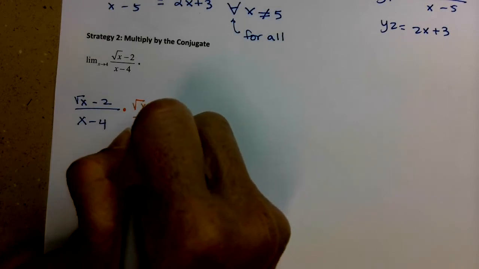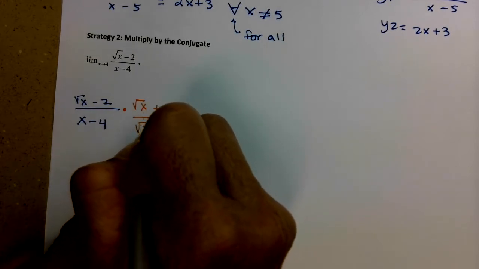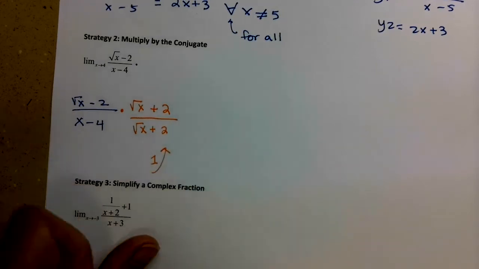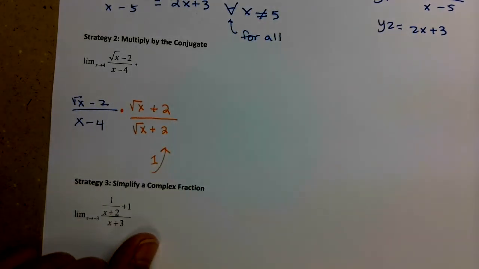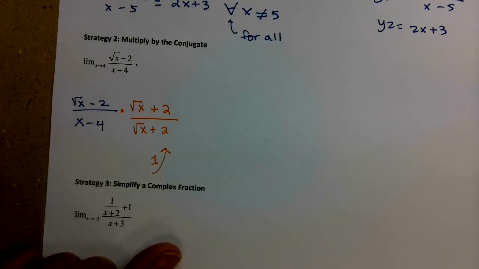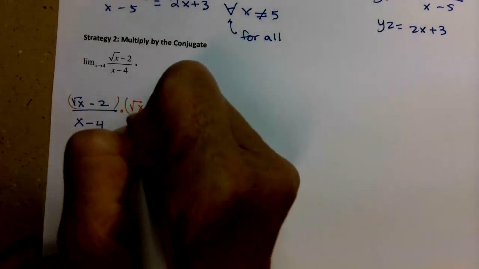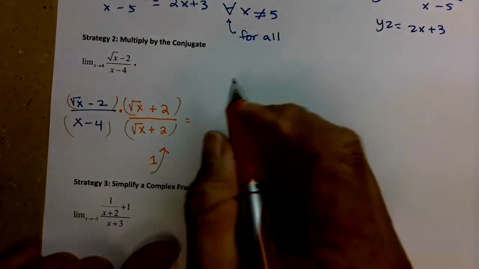Now I'm trying to create an equivalent expression, so that means I can only multiply by 1. So whatever I did to the top, I'm going to do to the bottom. So I multiply the top by square root x plus 2. I'm going to multiply the bottom by square root x plus 2. So here we go. Go ahead and multiply. Those are binomials, so remember to FOIL or whatever your strategy is.